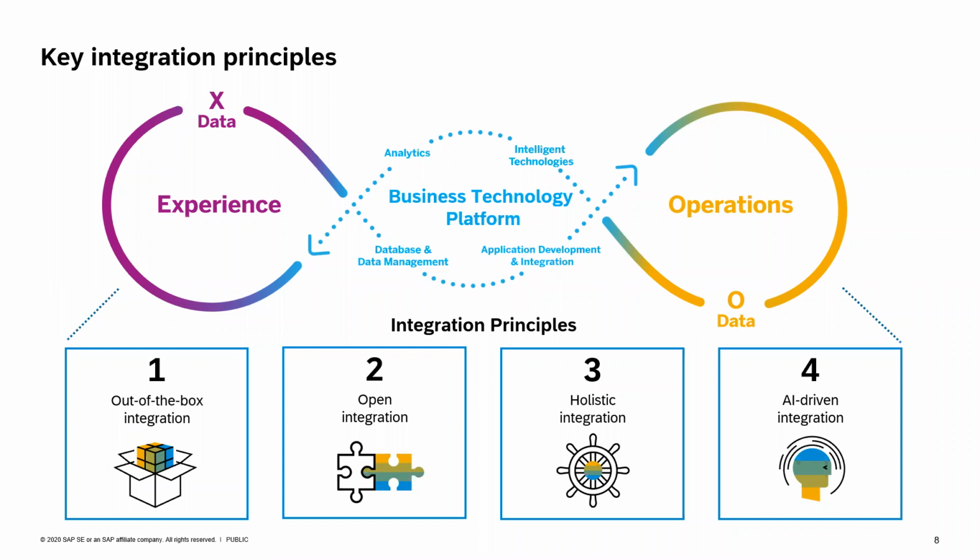We have the open integration, which is being driven with the API first approach, right? The rich business semantics are being provided for the APIs, which are being delivered by SAP cloud solutions via API Business Hub. In addition, the rich set of third-party connectors to 160 popular non-SAP SaaS applications. We have the adapters which are natively available as part of SAP's cloud platform, which have been built by SAP as well as by partners, right?